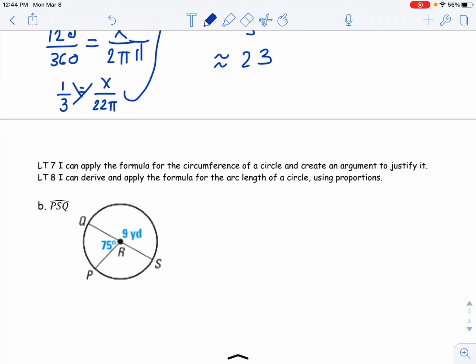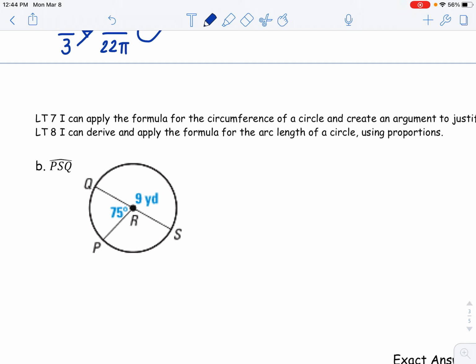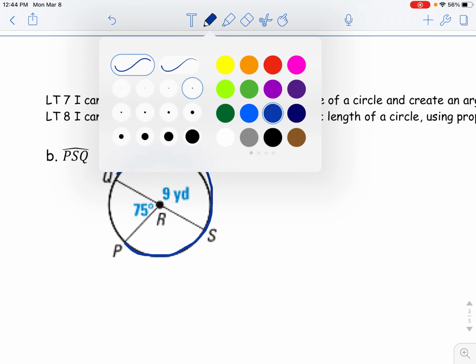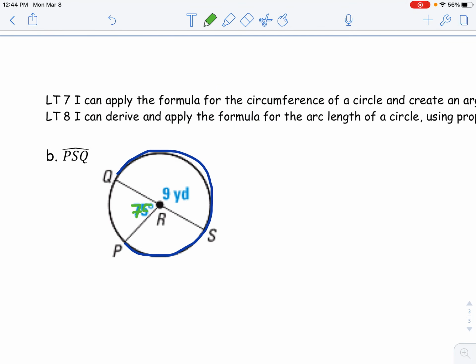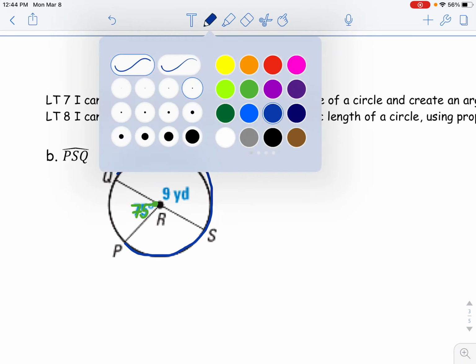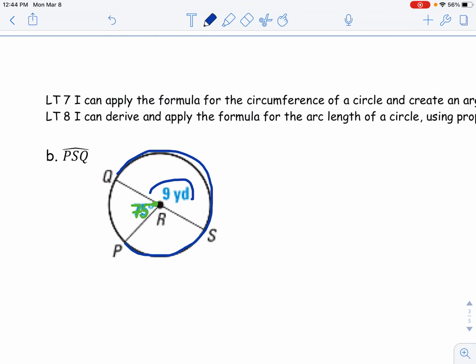Now I'm going to find PSQ. So this one's a little different. This angle right here is 75 degrees. So that means the central angle that I want is this right here, which is 360 minus 75, or 285 degrees.